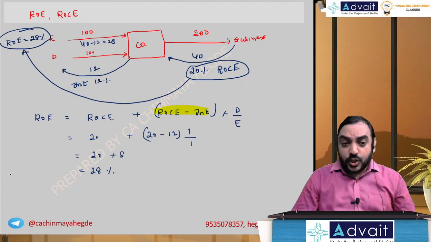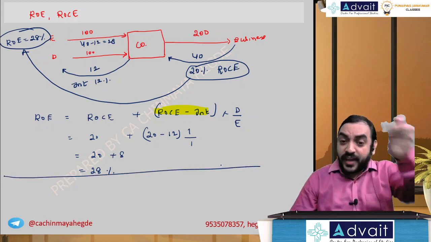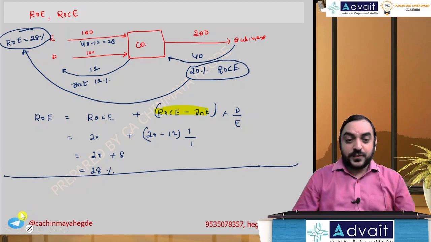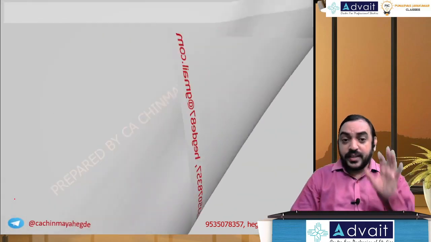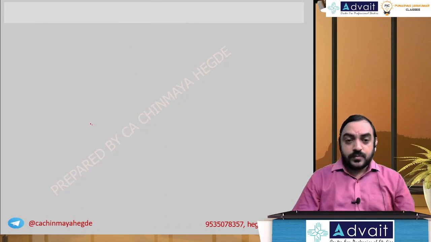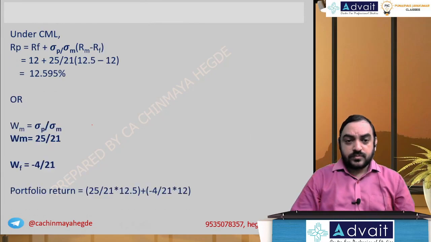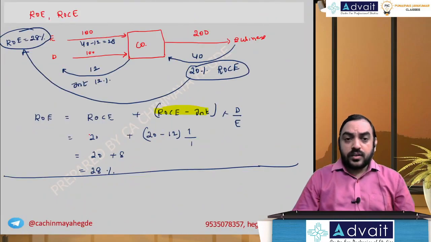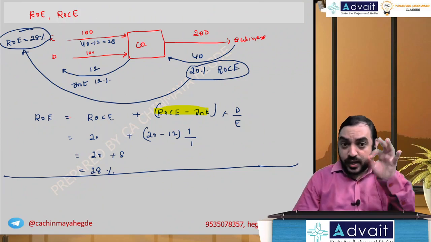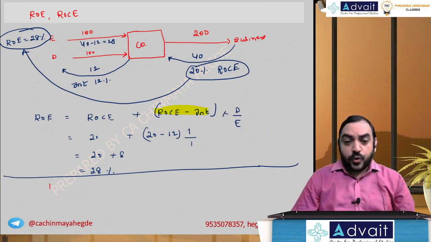If I apply this concept for the problem we have, we get the same answer. How? Please observe. In this problem, what is the rate of return? What business is providing, how much return market is providing. If I use this formula, exact same logic. How do you calculate ROE? What ROCE?